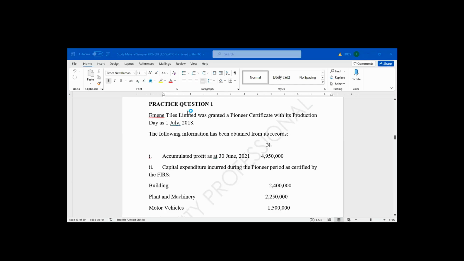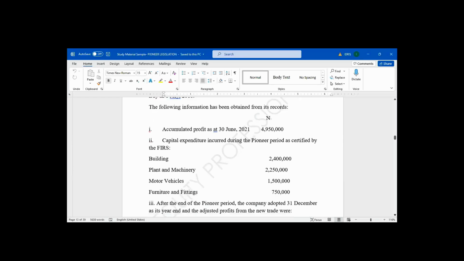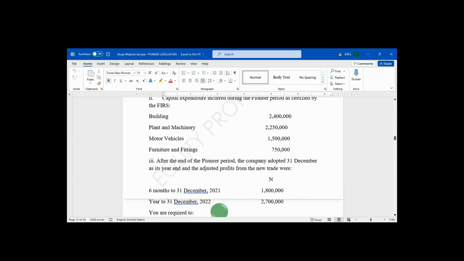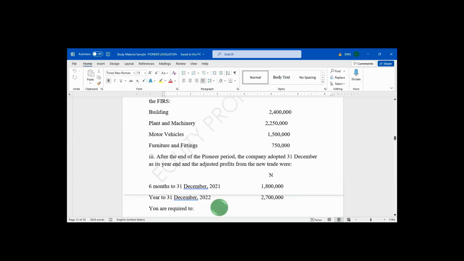Yeah, go ahead. Okay. Tiles Limited was granted a Pioneer Certificate with its production day as 1st July 2018. The following information has been obtained from its record. Accumulated profit as at 30th June 2021. Capital expenditure incurred during the Pioneer period as certified by the FIRS: building, plant and machinery, motor vehicle, furniture and fittings.